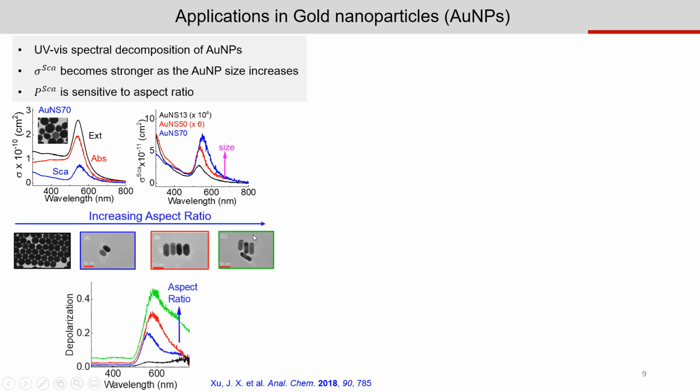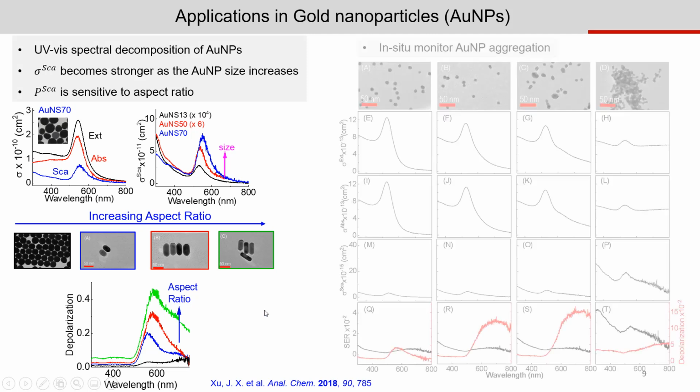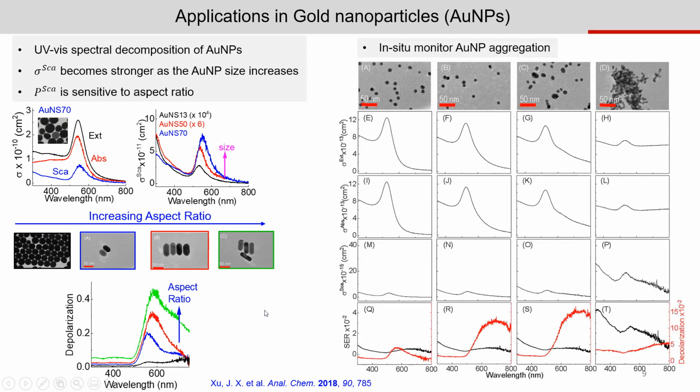On the other hand, scattering depolarization is sensitive to the geometry. When the nanospheres transition into rods and longer rods, the scattering depolarization increases from 0 all the way to 0.4. With this finding, PRS-2 was applied to monitor the gold nanoparticle aggregation process in situ.